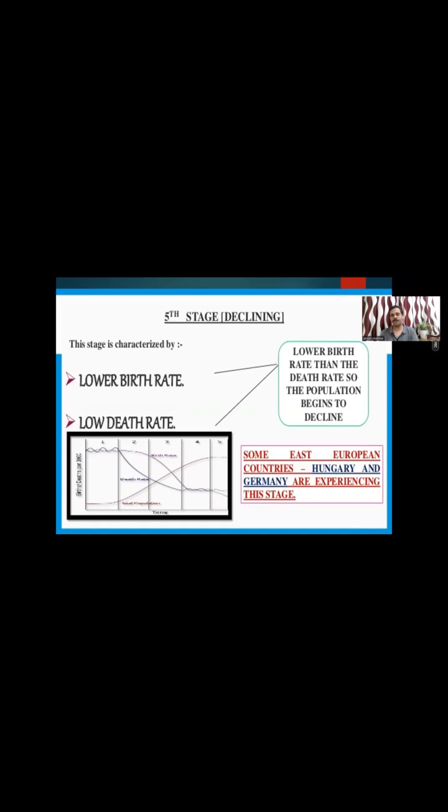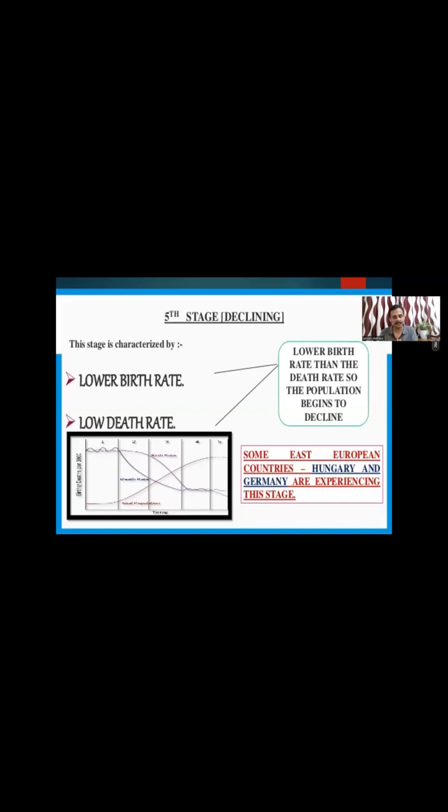The birth rate is lower than the death rate. Birth rate will be very low compared to the death rate, and the death rate will be higher here. As a result, the population decreases.